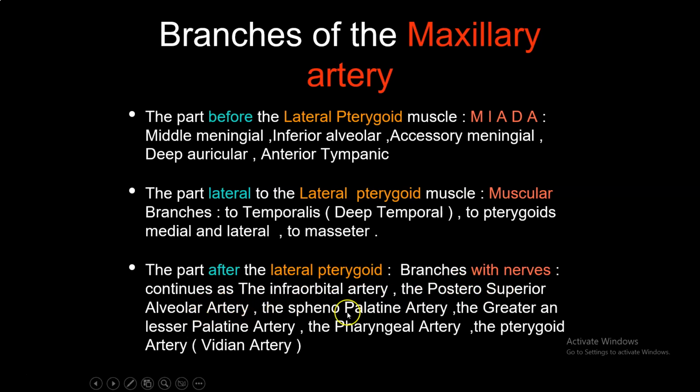And the sphenopalatine artery, the very famous sphenopalatine artery, which we all want to preserve when you do the nasoseptal flap, the Haddad flap, because it is giving this flap its blood supply so you can use it vascularized. Then the greater and lesser palatine arteries, of course the ascending pharyngeal artery of the external carotid, and the artery of the pterygoid canal, or the Vidian artery.